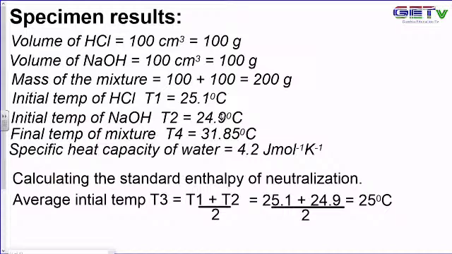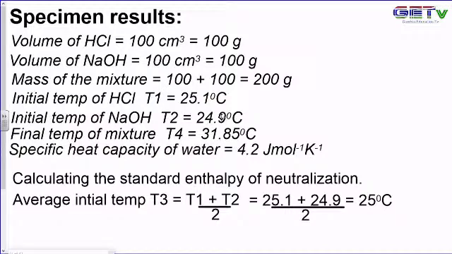Volume of sodium hydroxide, that is NaOH, is equal to 100 cm cube, which is also equivalent to 100 grams. Mass of the mixture is equal to 100 plus 100, which is equal to 200 grams.